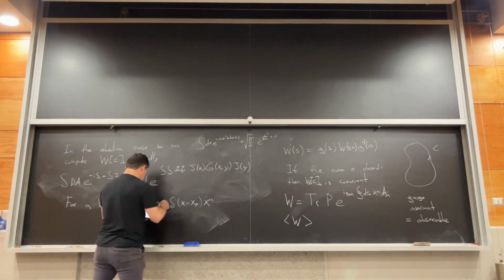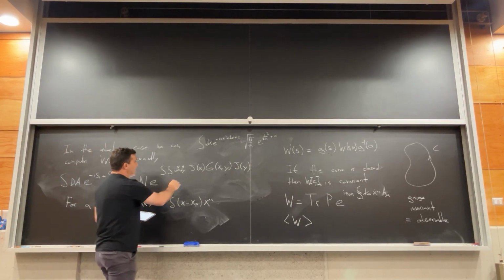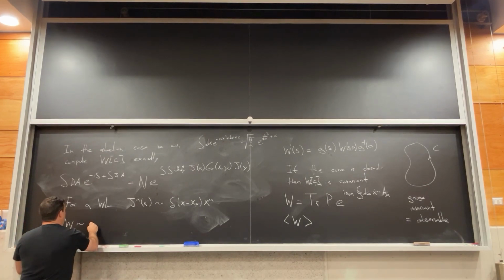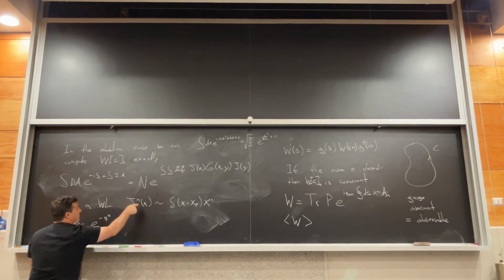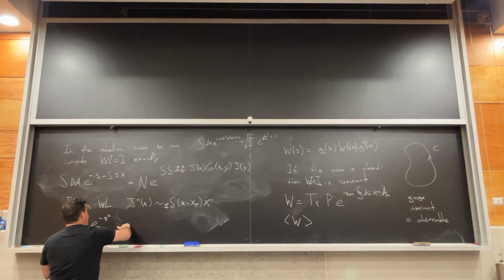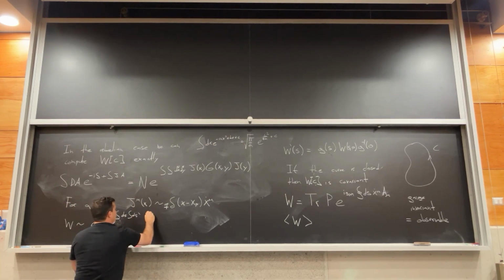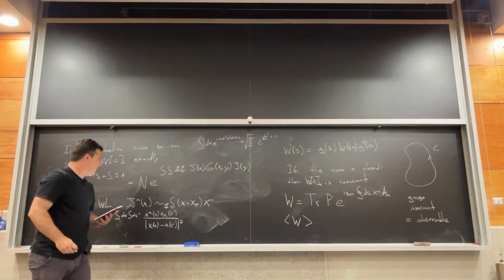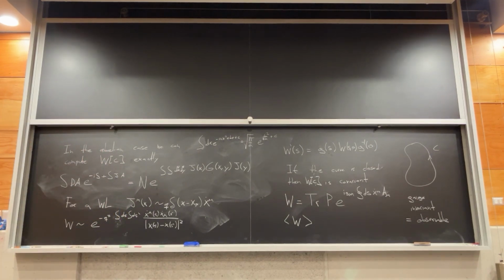Now I can plug in the Green's function, and I will find that the Wilson loop in this case goes like e to the minus q squared, since there's a q here. And then I get a double integral ds ds prime of x dot mu of s, x dot mu of s prime, divided by the distance between x of s and x of s prime, because the Green's function in 4 dimensions is 1 over r squared.